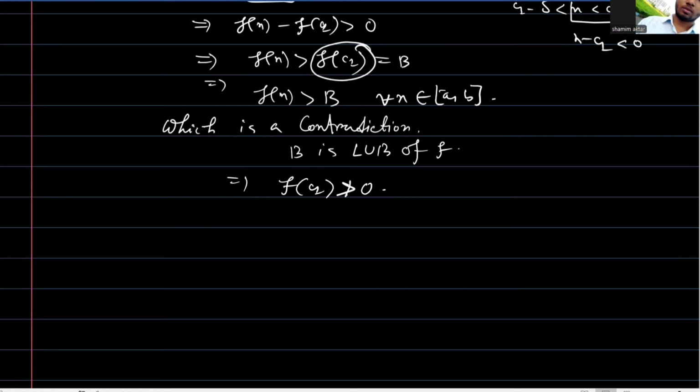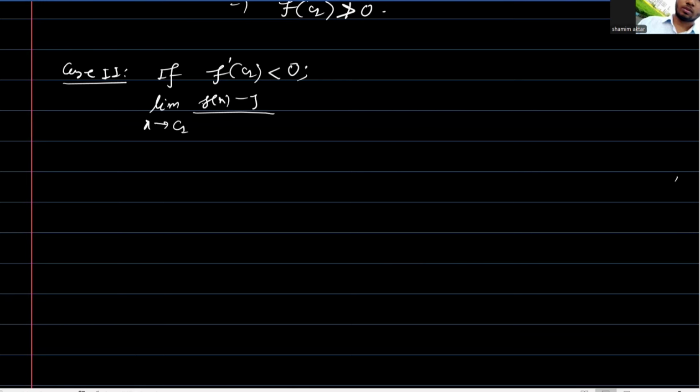Now second case. If f dash c1 is less than 0, then by definition the limit as x tends to c1 of f of x minus f of c1 by x minus c1 is less than 0.